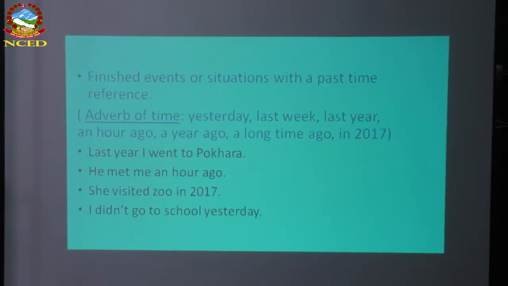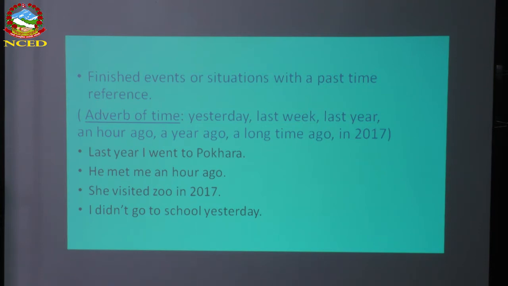The first situation is finished events or situations with a past time reference. So, finished actions which are already done. If we have to show these actions with a time reference, we have to give the time also, at which time it happened.